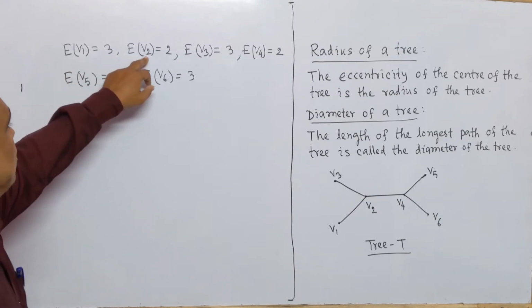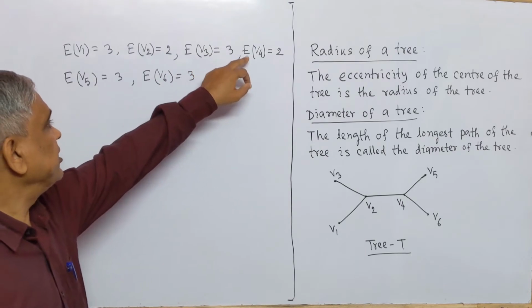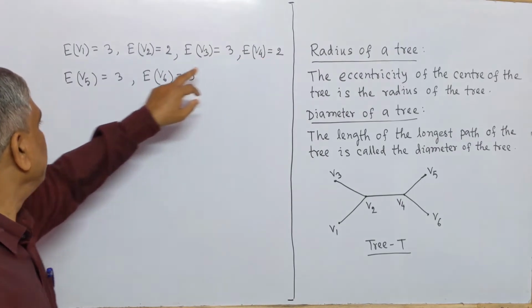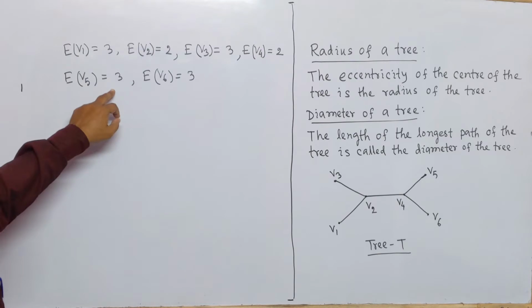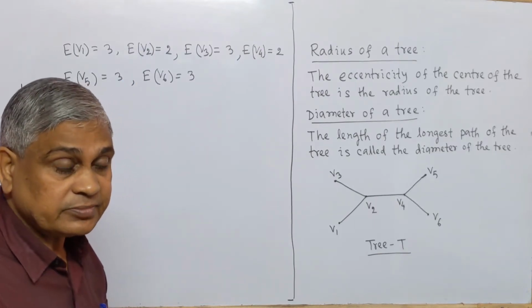Similarly, eccentricity of V2 is 2. Eccentricity of V3 is 3. Eccentricity of V4 is 2. Eccentricity of V5 is 3. Eccentricity of V6 is 3.